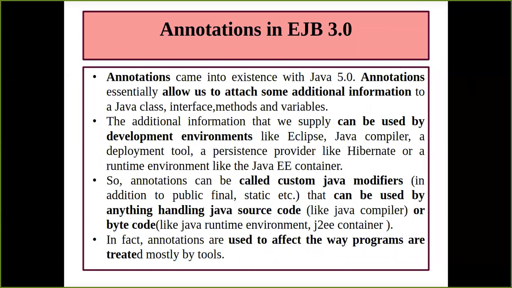There are also runtime environments like Java EE containers, web servers, servlet containers and JSP containers. You have an EJB container too, which takes help from this kind of annotation to understand your program better. What your program is trying to say is more easily understood with the help of annotations if you use them in your programs.